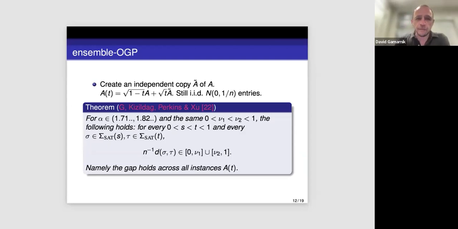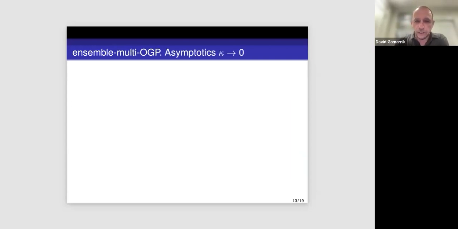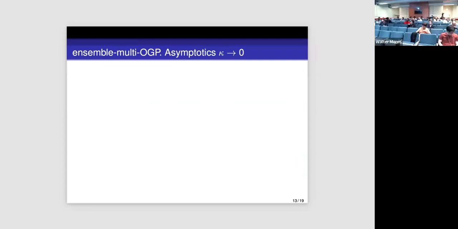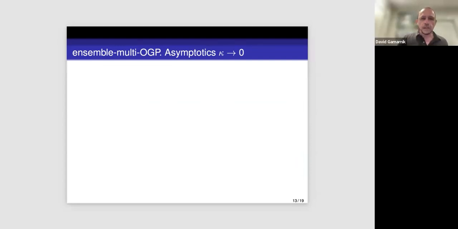And finally, this is the most torturous version of the overlap gap property that I will discuss with you: the multi-overlap version. There is an ensemble flow version, but multi-overlap. What is the multi in reference to?